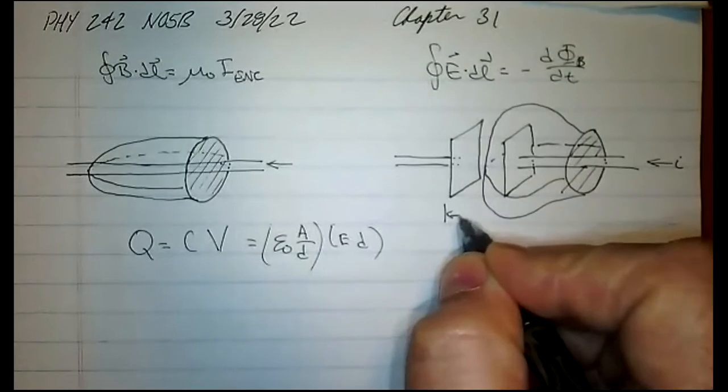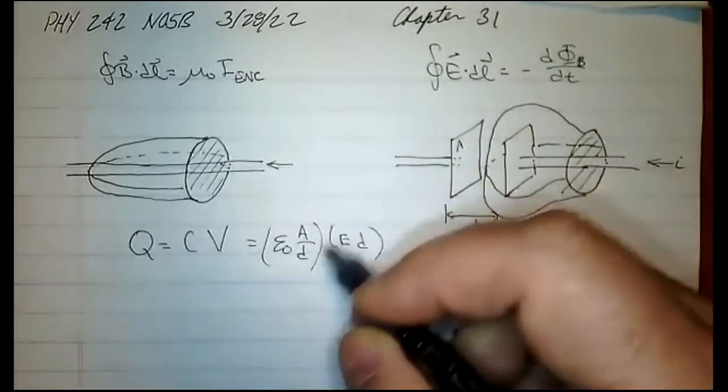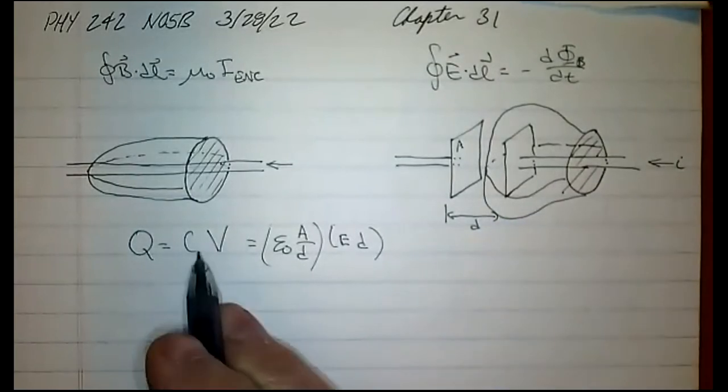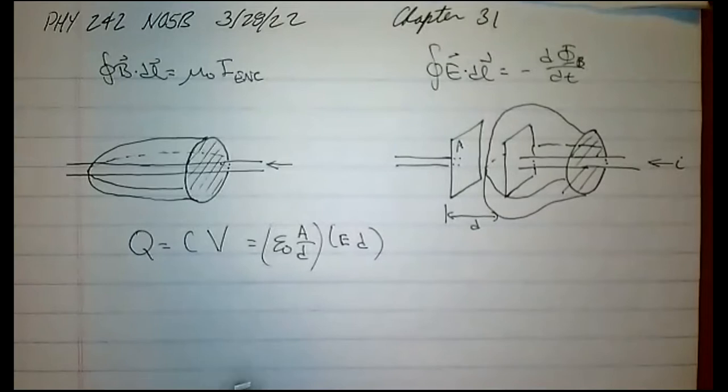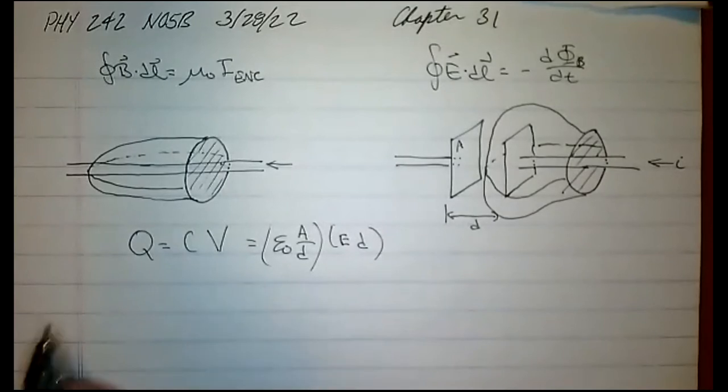So if the separation here is d and the surface area is A, then Q equals the capacitance times the voltage. So now we have something that looks like a charge, and we might want to consider its derivative.